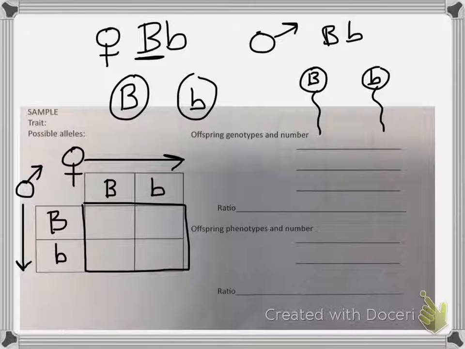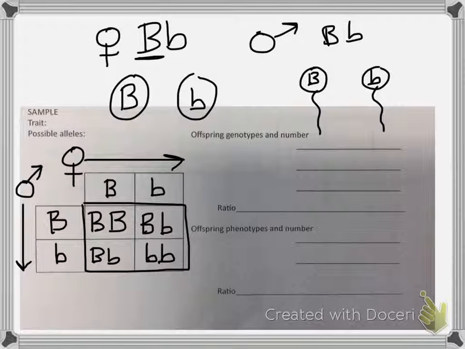Is this seeming familiar? Now, and you should remember this from middle school, you pull these down and you're just figuring out probabilities. So what we have are 4 boxes that represent the probabilities for genotypes for their offspring.